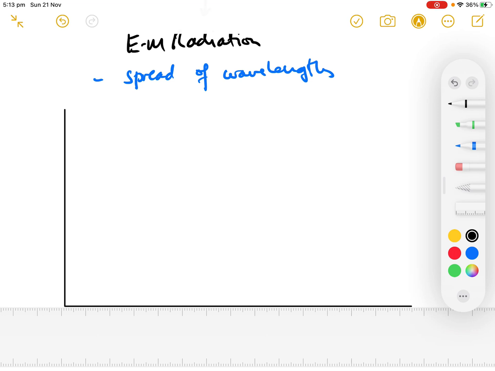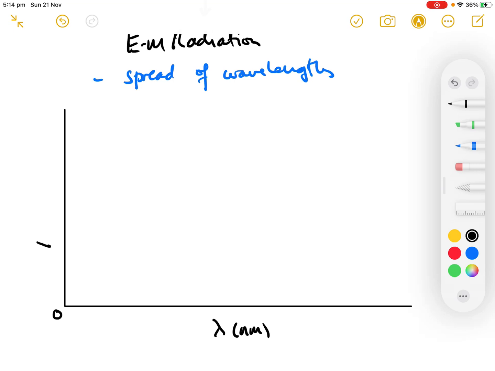So what we're going to do is on this x-axis, we'll plot the wavelength in nanometers of the emitted waves, and on the y-axis will effectively be the energy given off by the particular wavelength of that wave. Right, well the first thing then is that we get something like this sort of going on.